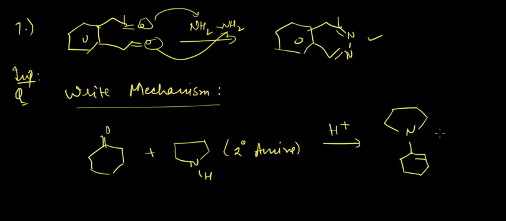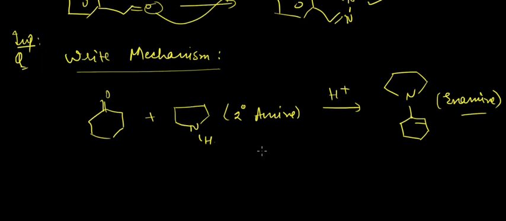Which is nothing but an enamine. Okay, I actually introduced the word for the first time. Okay, so this product is called enamine. Okay, so how does the mechanism take place?